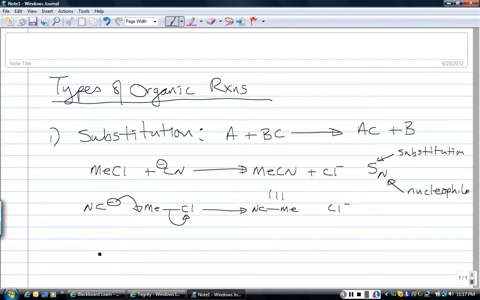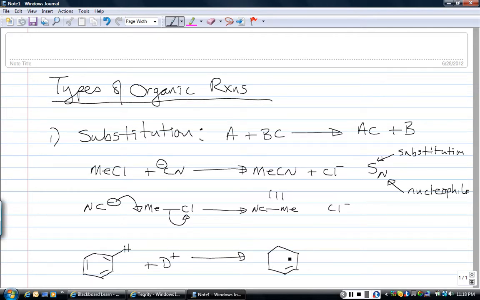We also saw, for example, the case of an aromatic compound, where I can treat benzene with D plus, for example, and what I would get would be a substitution reaction, and that would give rise to monodeuterio benzene.